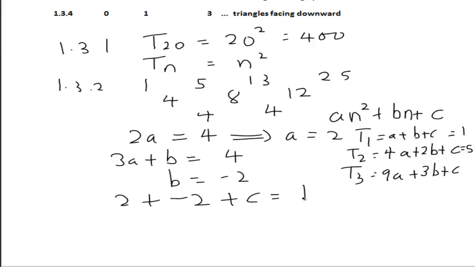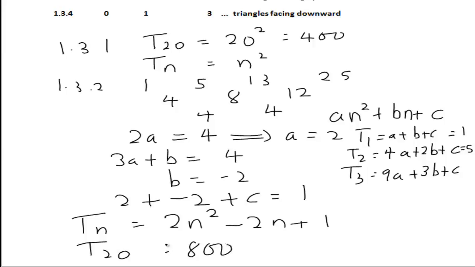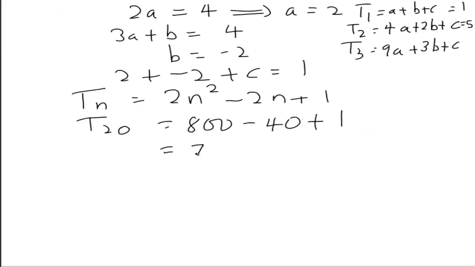And then you got your C equals 1, and therefore your nth term, Tn, is 2n squared minus 2n plus 1, substituting for A, B, and C. And then your T20 is 800 minus 40 plus 1, and that is equal to 761.